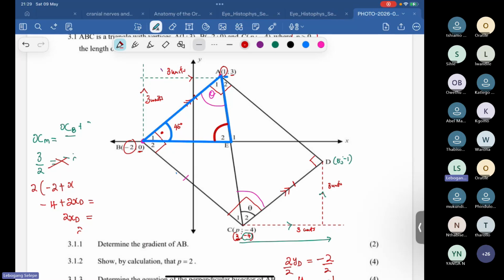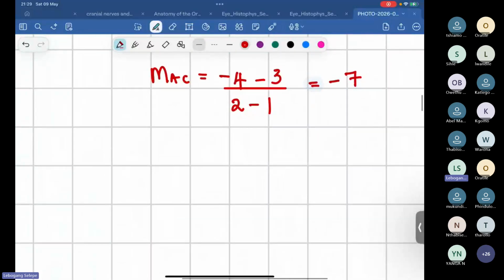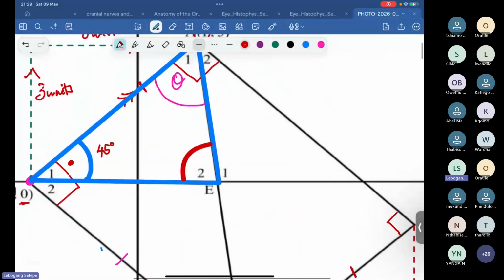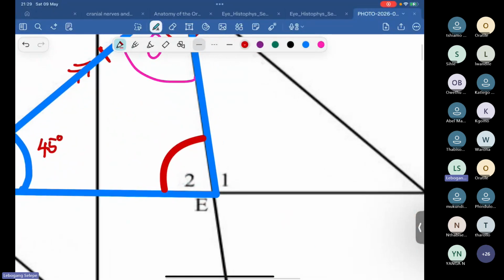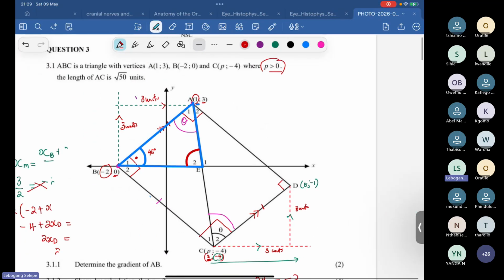So now, how do we use this gradient? Again, let's just firstly check what is the inclination. Just to check if you remember this, which one is the inclination of AC between E1 and E2? It's E1, right? Perfect.